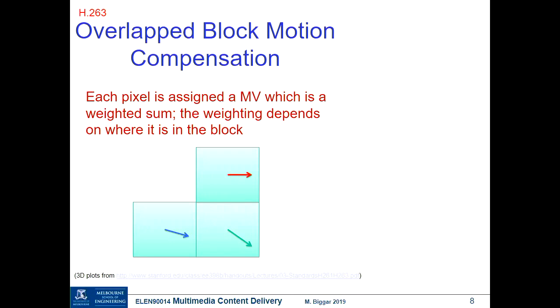So here are three macro blocks with associated motion vectors in vaguely the same direction but slightly different ones. And we're going to decide for every single pixel in this new block that we're encoding what motion vector we use to predict it.